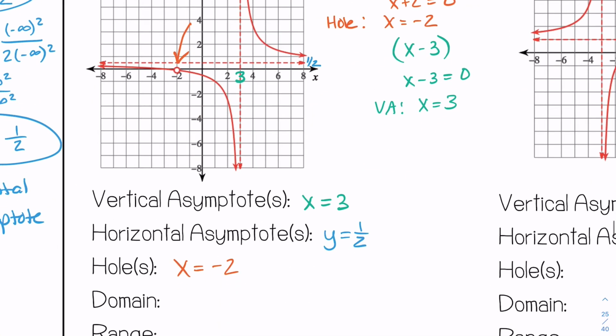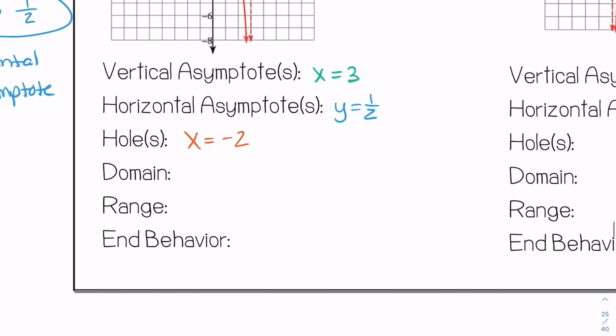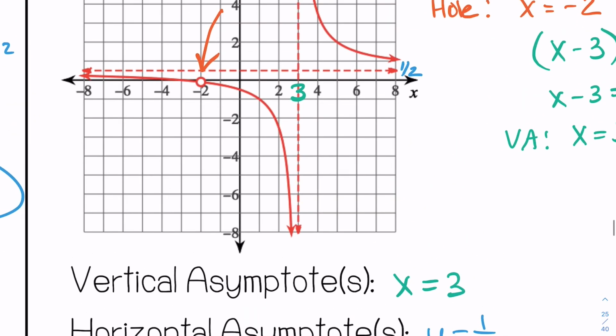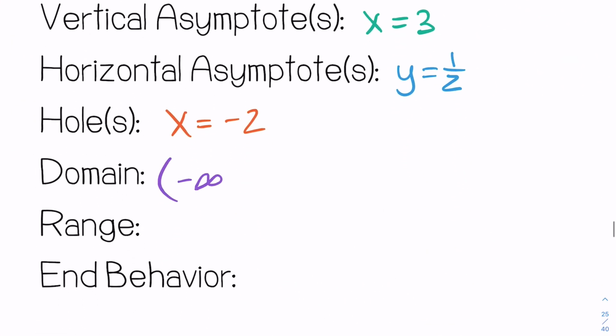So with all of this said, the domain is all real numbers except for what number? Well, 3. That's where the vertical asymptote happens. See, isn't this cool? All the work we did is helping us to figure out the domain and range.